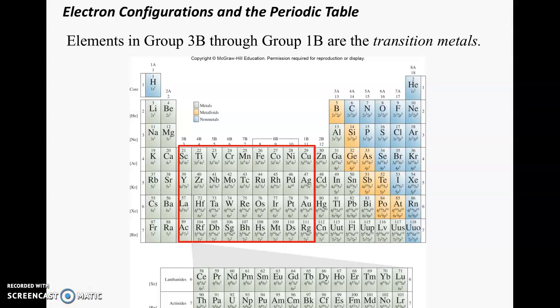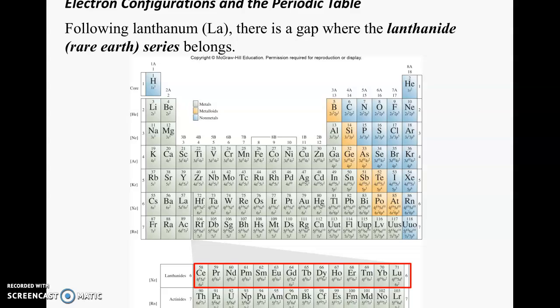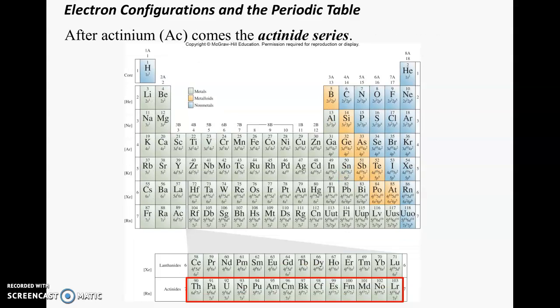In my next slide, we can see the lanthanide series, which is part of the inner transition metals, are f orbitals. There's 14 of them. And if we look beyond that, we see the actinides, which are the other row in the inner transition metals. So the filling of the orbitals helps us to see why the periodic table has the shape it has.